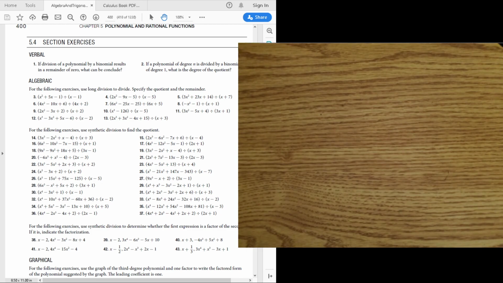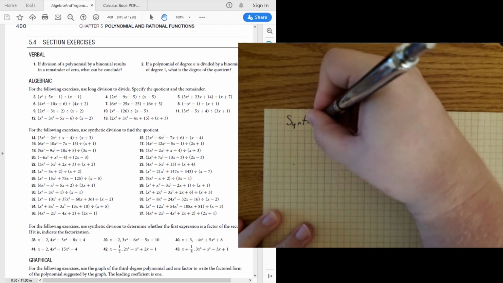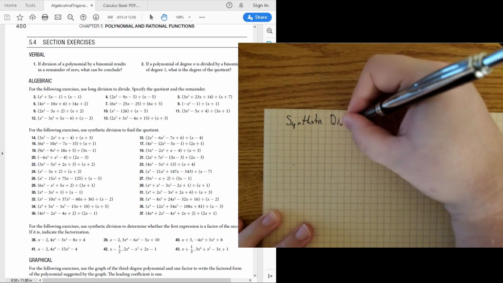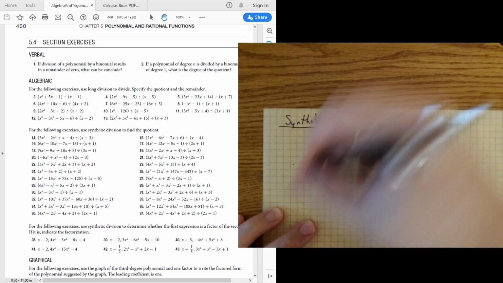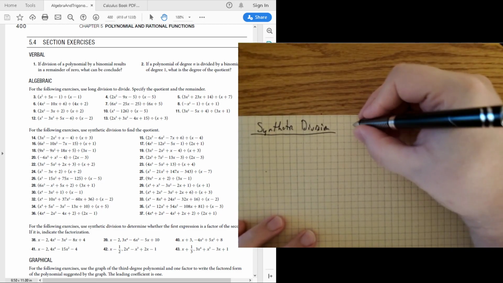Let's now look at the kind of opposite of long division, which is referred to as synthetic division. Synthetic division is a shorter, faster way to do long division.